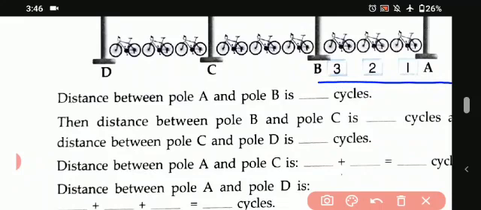That means 3 bicycles. So we'll be writing here 3. Okay. Then the distance between B and C. Again, there are 3 cycles. Here we'll be writing 3 cycles. Then the distance between C and D. Again, there are 3. So we'll be writing here 3. Okay.